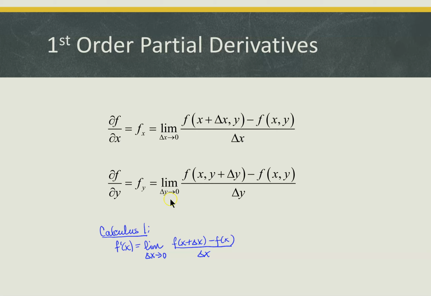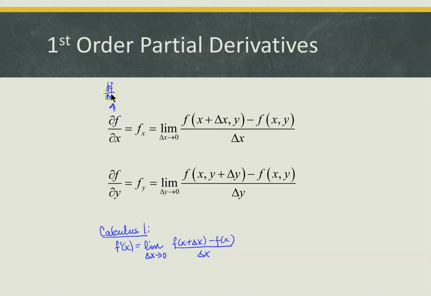Now, first of all, we have here the partial derivative of f with respect to x. And these are two common notations that we use for that partial derivative. Now, this first notation is similar to what you saw in single variable calculus, or Calculus 1, the notation that was df over dx.